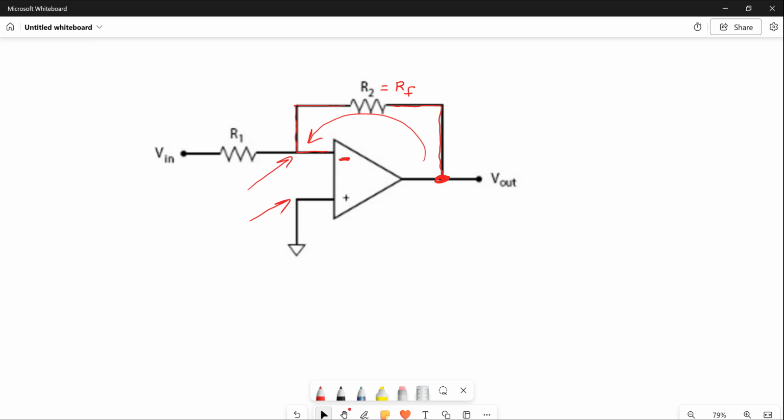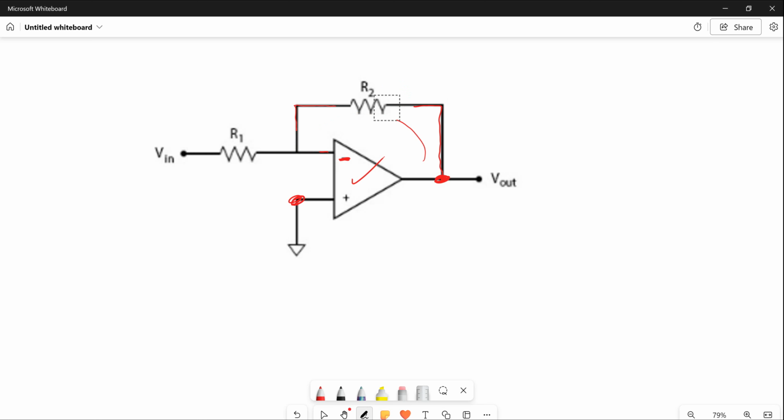That's the whole purpose of this operational amplifier when you have feedback in. So keep in mind that all that feedback resistor is going to do is keep the voltage at this point and this point the same. And we're going to use that to analyze these circuits without classifying them as inverting or non-inverting op amps.